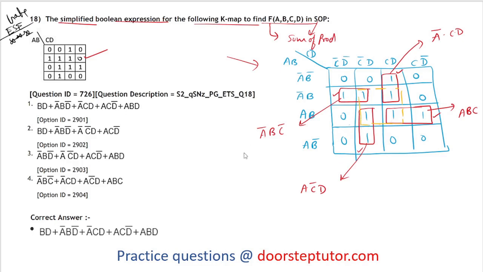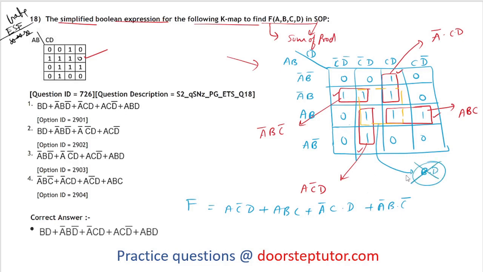Okay. So let us write the expression of f that will be A C bar D plus A B C plus A bar C dot D plus A bar B dot C bar. The term representing the quad, that is B into D, is a redundant term.